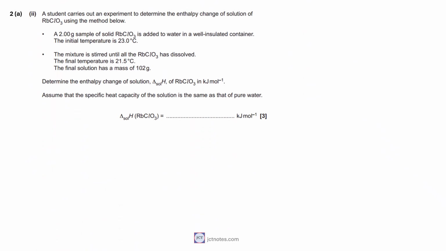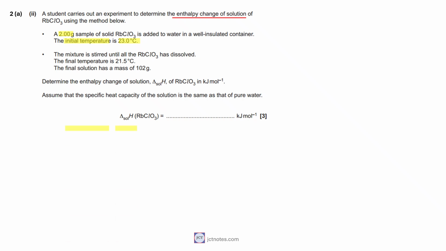In the second question of question 2a, a student carries out an experiment to determine the enthalpy change of solution of rubidium chlorate(V) using the following method. 2 grams of solid rubidium chlorate(V) is added to water in a well-insulated container. The initial temperature is 23.0 degrees Celsius. The mixture is stirred until all the rubidium chlorate(V) has dissolved.